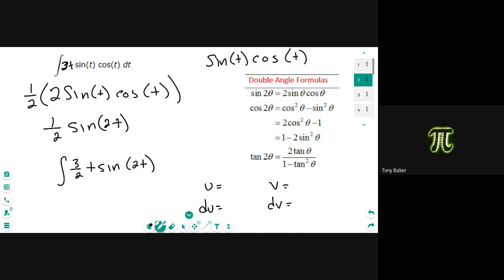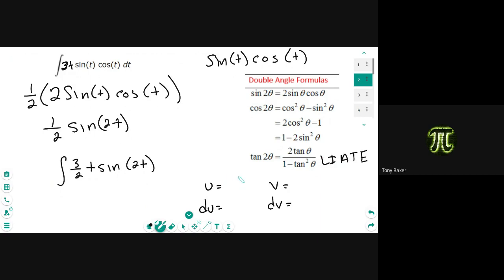We have LIATE: logarithms, inverse trig, algebra, trig, exponentials.